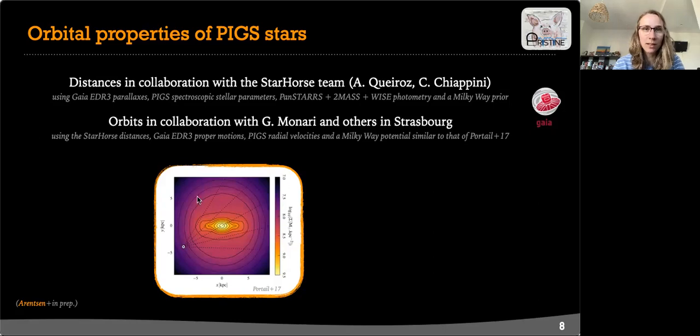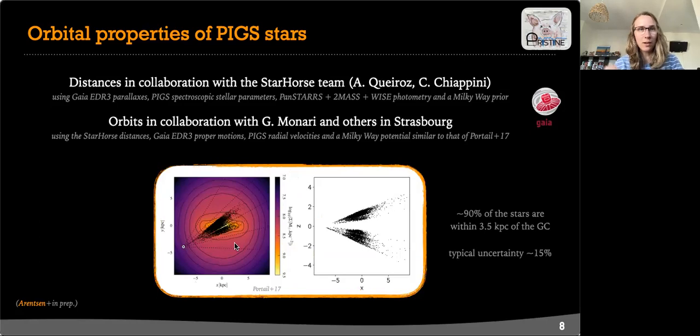So overplotting the PIGS stars on this barred potential, we can see they overlap very nicely with the very inner region. In fact, 90% of the stars are within 3.5 kiloparsec of the galactic center, and also within about 2 kiloparsec of the galactic plane.